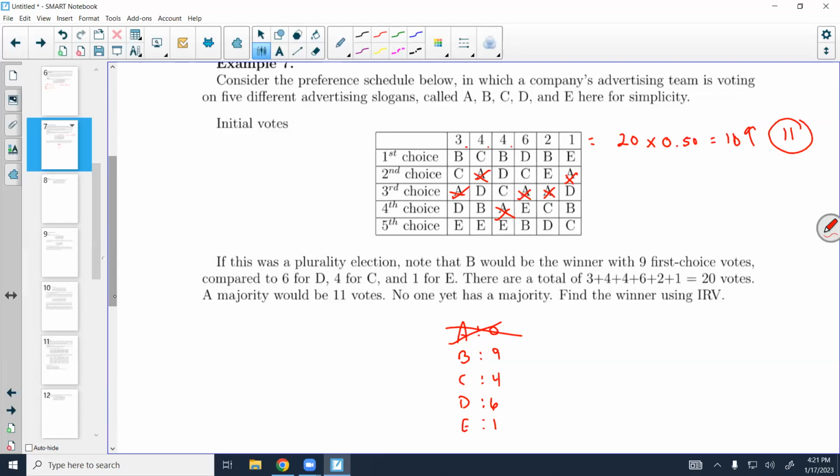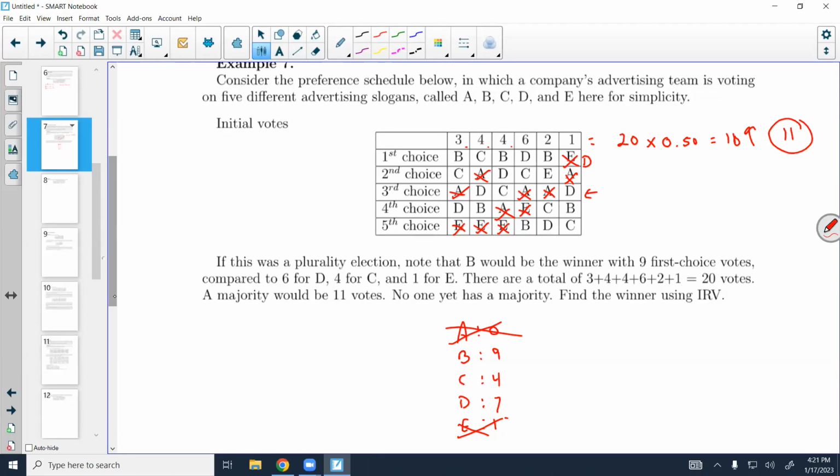So now the lowest vote getter was E. Essentially what this means is we erase all the E's. And here where E had a first place, this becomes D, because that's the next one. So now D has 7 instead of 6. Still, nobody has a majority.